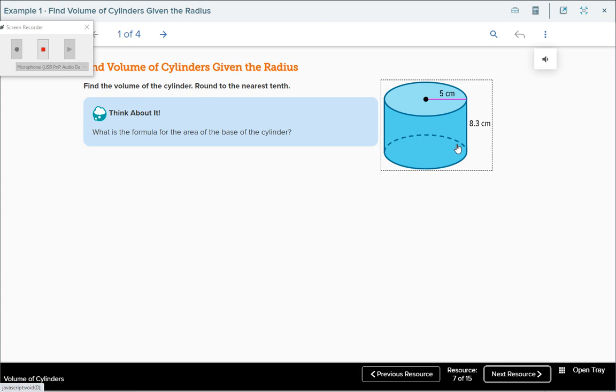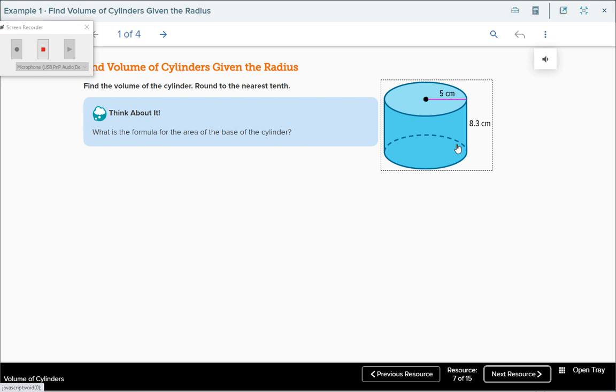Volume of a cylinder, V equals, ready? It's not up there. V equals pi times radius squared, not pi r2, pi times radius squared times height. Pi times radius squared times height.